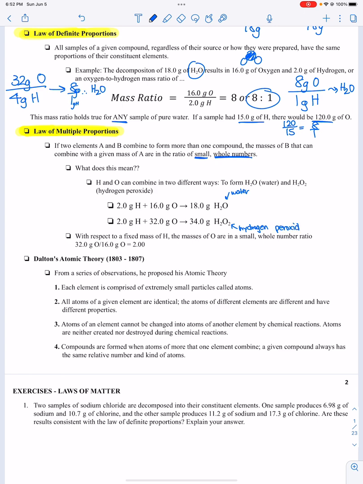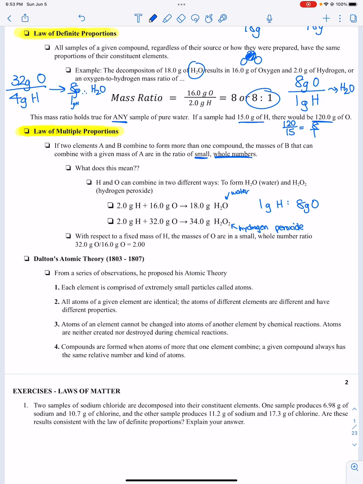These are two different compounds that have hydrogen and oxygen. For water, we need 2 grams of hydrogen for every 16 grams of oxygen, or we know every 1 gram of hydrogen, we need 8 grams of oxygen. Same idea. For hydrogen peroxide, we'll need 2 grams of hydrogen for every 32 grams of oxygen. This ratio is a little bit different.